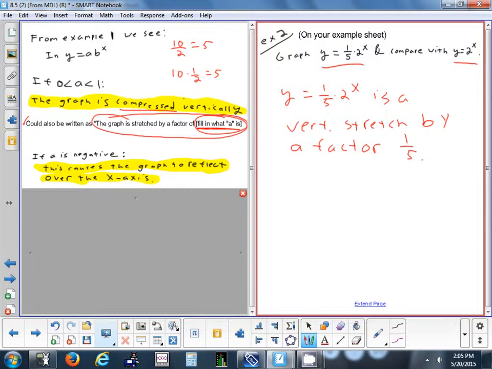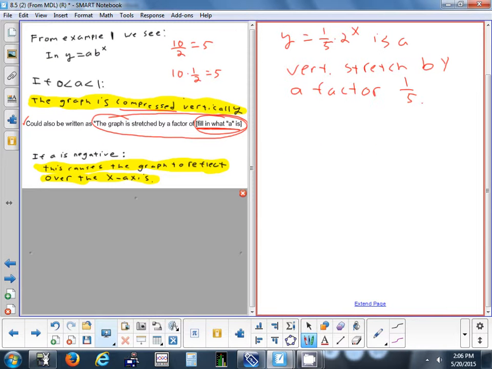Okay, any questions on that? Okay, I'm going to make up another one. It's not on your sheet. Compare y equals 1/2 times 4 to the x to y equals 4 to the x.